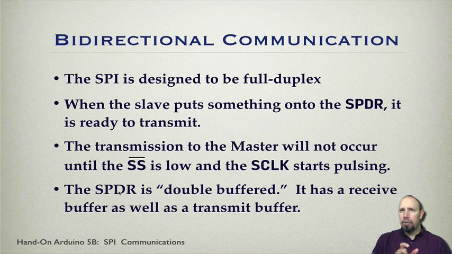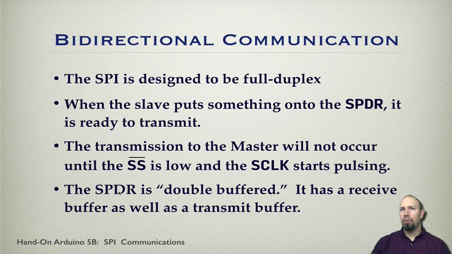Also, there is the receive buffer set of buffers. As the data is coming in, it's going into that buffer. When the full set is in there, that data is moved into the register, SPDR. So that SPDR actually has bidirectional data. It has data on the way out and data on the way in, which means if you're sending and receiving data, for example, the master will put data on the SPDR, the data will go out, and in the meantime, data will be coming in, and you need to read that register before you put new data out on that register.